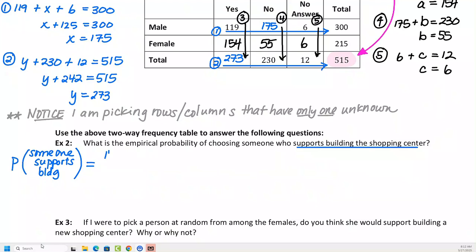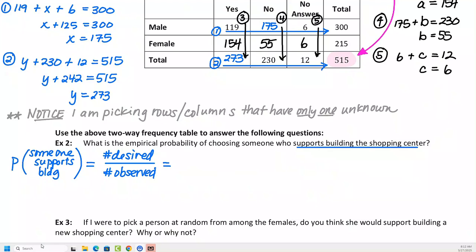Remember, empirical is number desired over number observed. You could still use favorable and total.